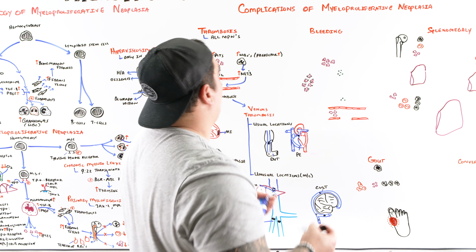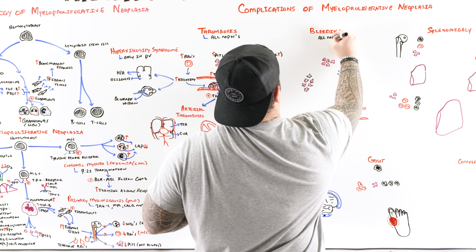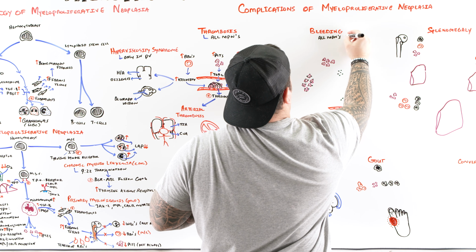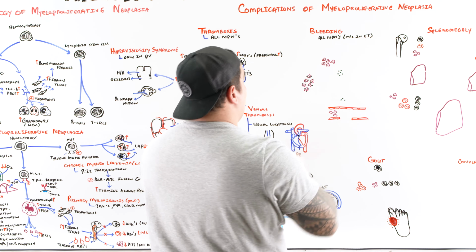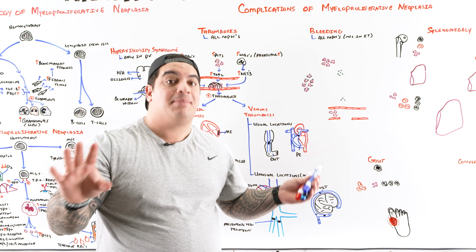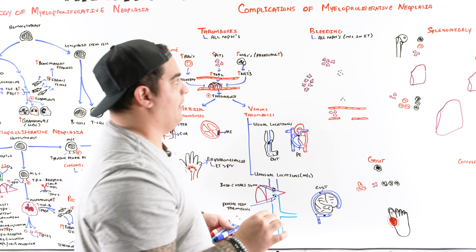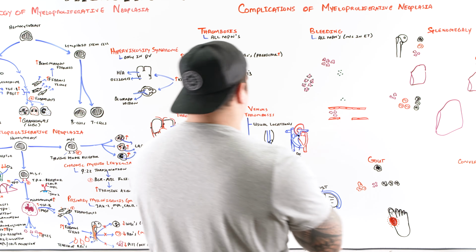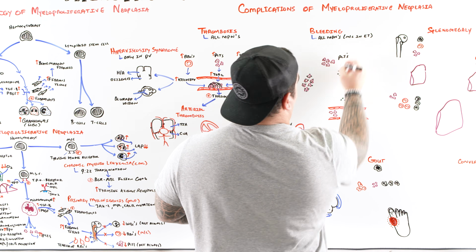Bleeding can occur in all MPNs, but it is most common in essential thrombocythemia. So again, patients can develop bleeding technically in all types of MPNs, but it is most common in essential thrombocythemia. Now, what happens here is in essential thrombocythemia, you have very high platelets, all right?